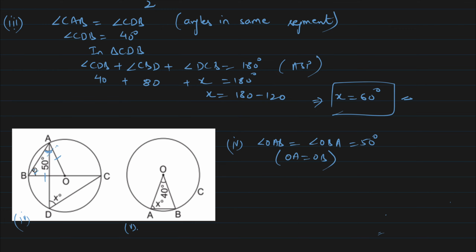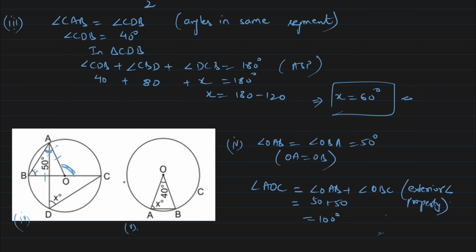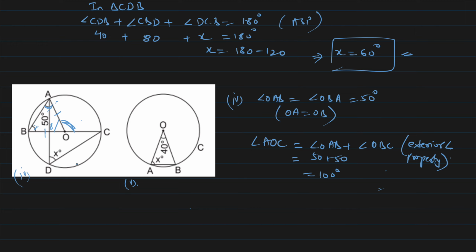Now, can I say AOC equals OAB plus OBC? Using the exterior angle property of a triangle, which equals the sum of the interior opposite angles, AOC will become 50 plus 50, 100 degrees. You could also have used the angle sum property, getting 80 and then using linear pair, but I eliminated those two steps and got it in one step.